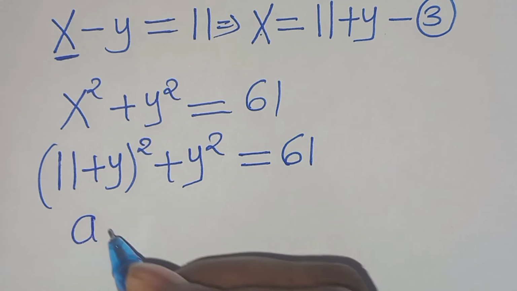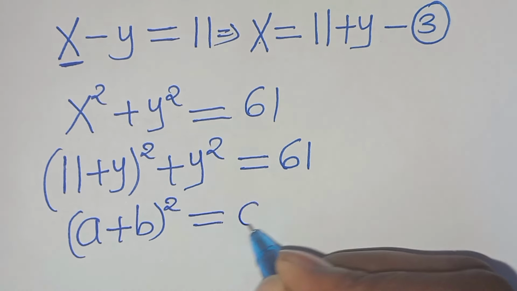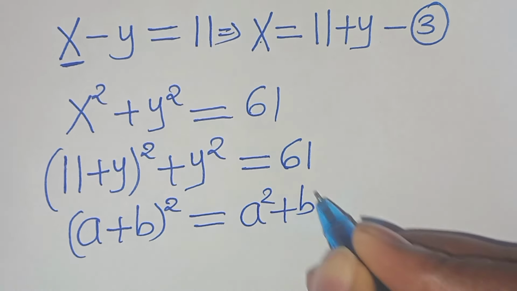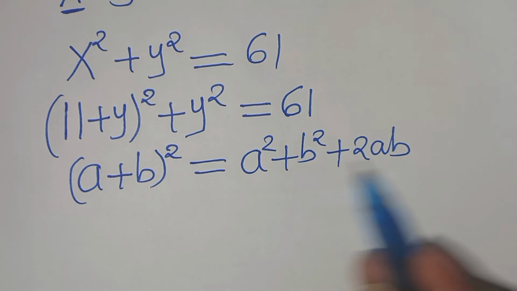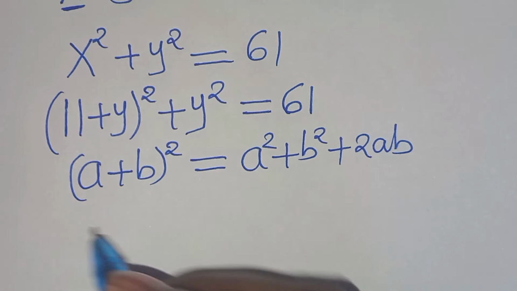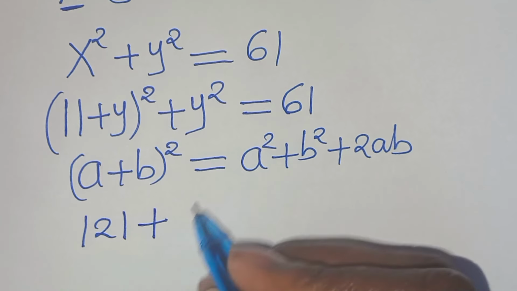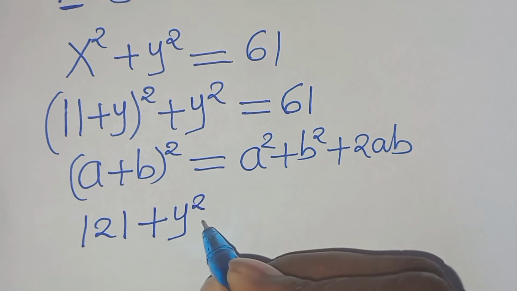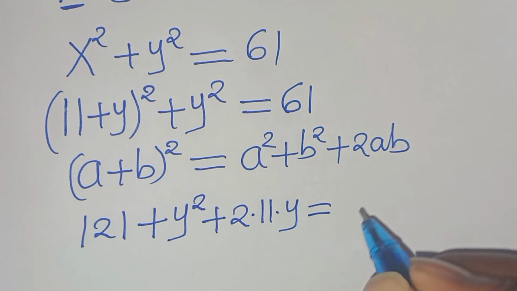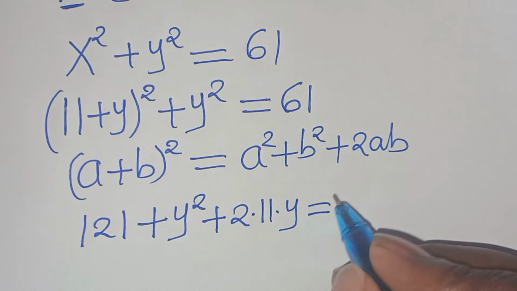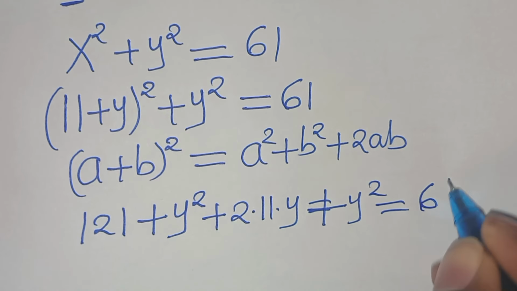This is in the form (a plus b) squared, which can be expressed as a squared plus b squared plus 2ab. Applying this algebraic identity, we have 11 squared, which is 121, plus y squared, plus 2 times 11 times y. From here we also have plus y squared, equal to 61.